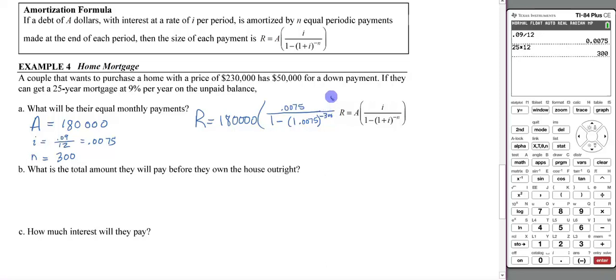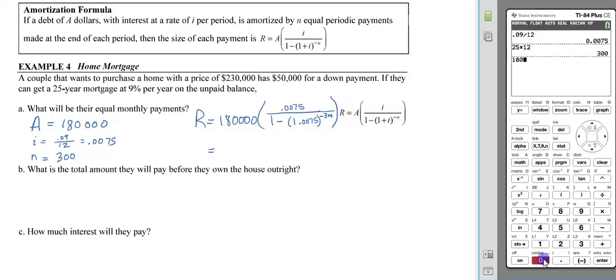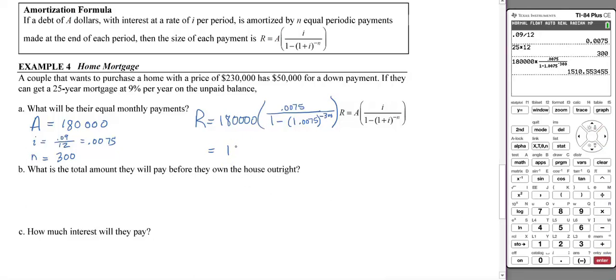Let's put this into the calculator. 180,000 times, we'll use our fraction template, 0.0075 divided by 1 minus 1.0075 to the negative 300, and that is going to give us $1,510.55.